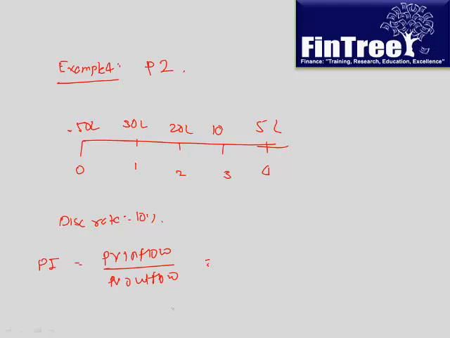It's positive? Yes. Are you sure? The present value of inflows is coming to 54.09. 1.09. You don't have to write all the numbers, you can save them in your calculator.